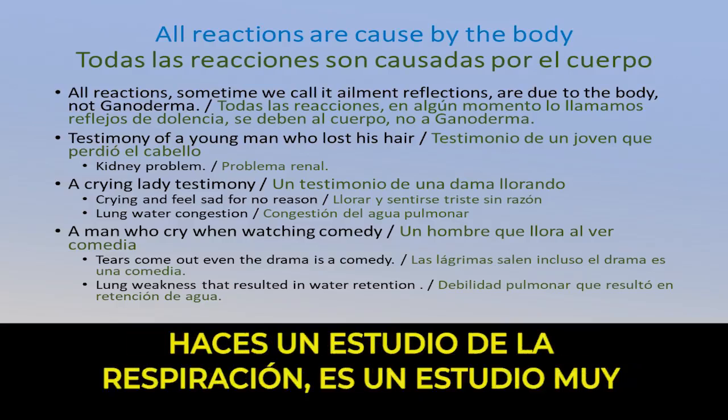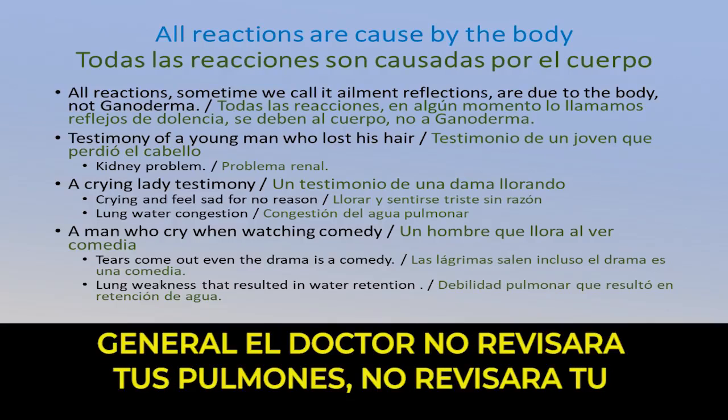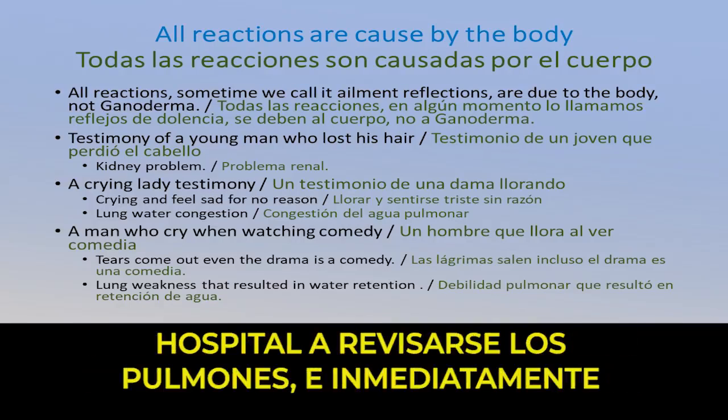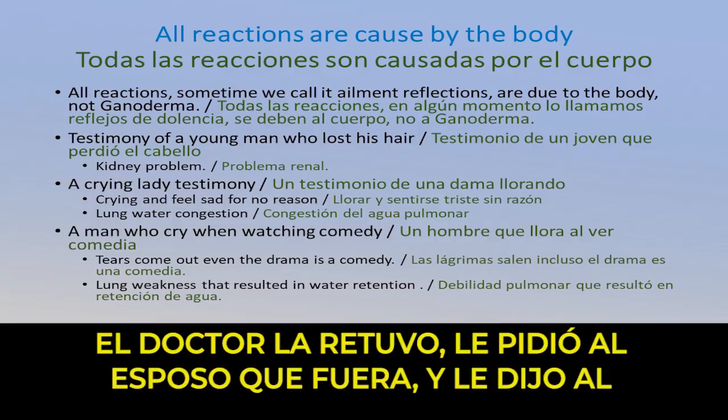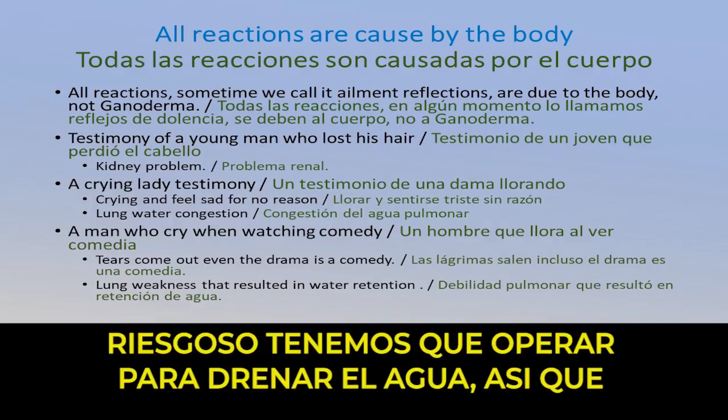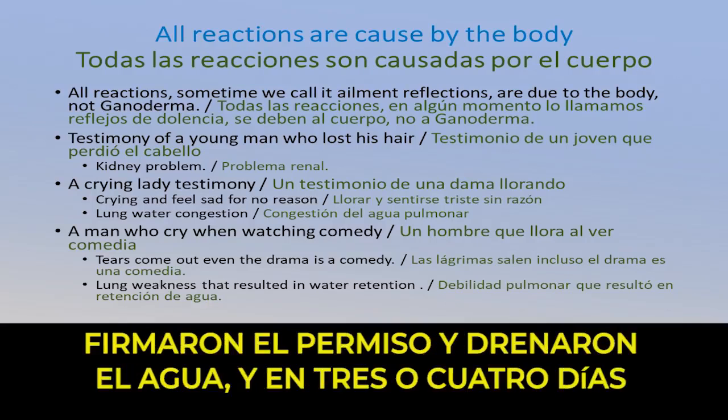I said, a blood test is a general test. The doctor will not go into your lungs or your liver. You must go and check your lung. So the next day she went to the hospital and checked the lung, and immediately the doctor retained her and asked the husband to come. The doctor told the husband there was a lot of water congestion inside the lung, and it was very risky. They had to operate to drain out the water, so they signed the agreement.